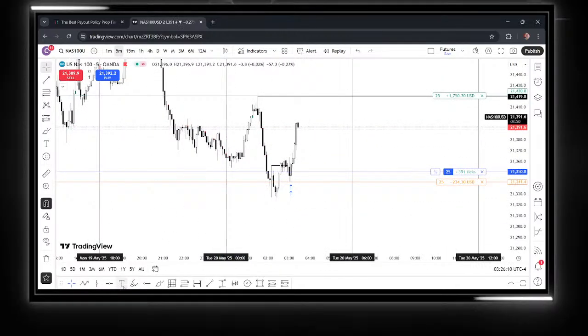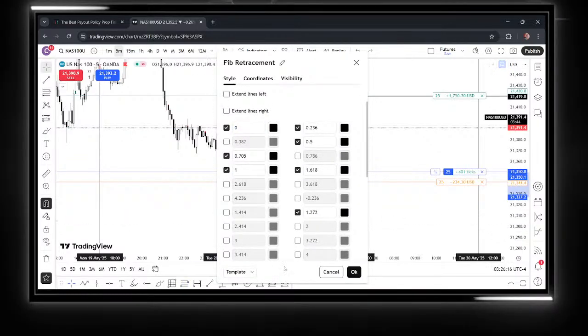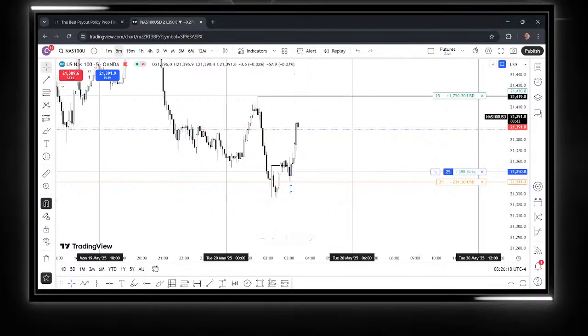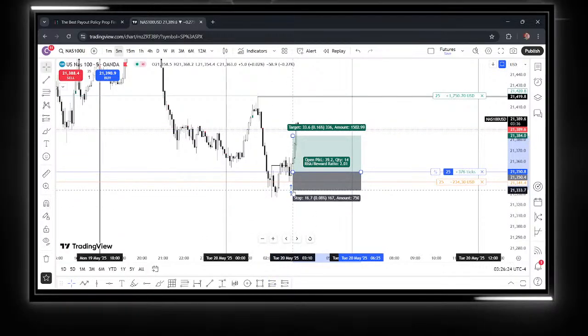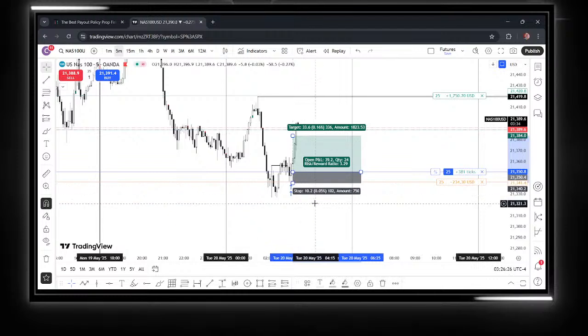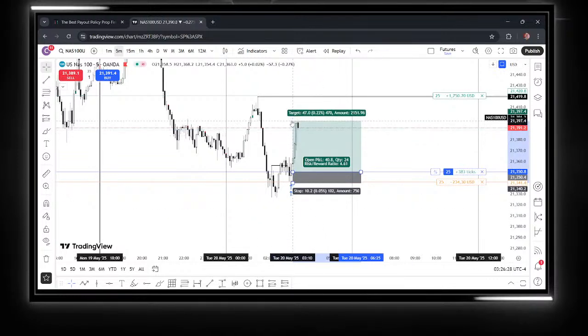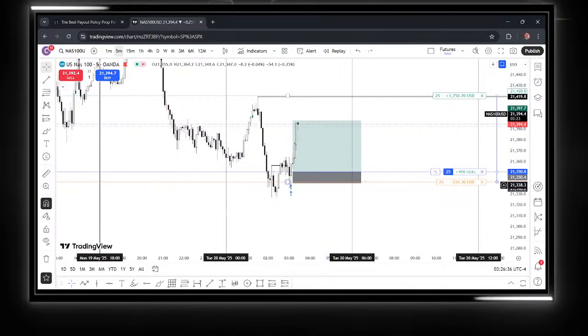This already is a good risk to reward with where price is right now, right? Stop loss is about there, and then we are targeting all the way up here, which is about a 6R, but we are currently in 4R. But this is now with your stop loss moved.